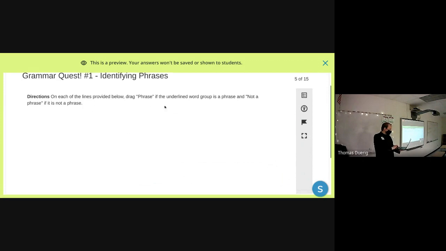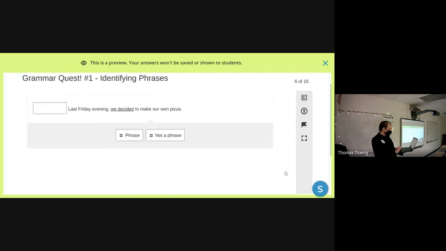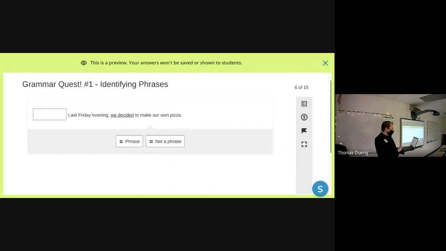So you're going to write whether it's a phrase or not a phrase. So here's the example. Last Friday evening, we decided to make our own pizza. So if it's a phrase, that means it's incomplete. It feels weird when you stop. If it's not a phrase, that means it could function as a complete sentence if you wanted it to.